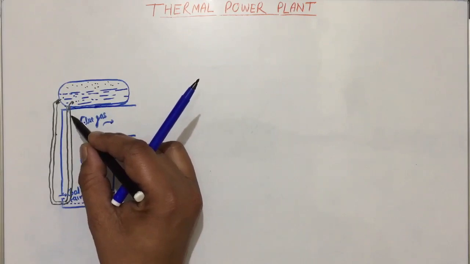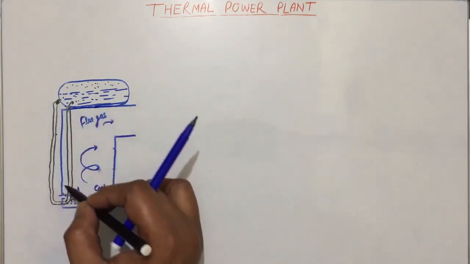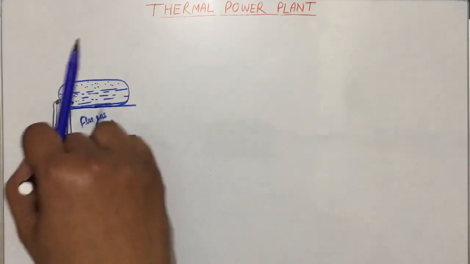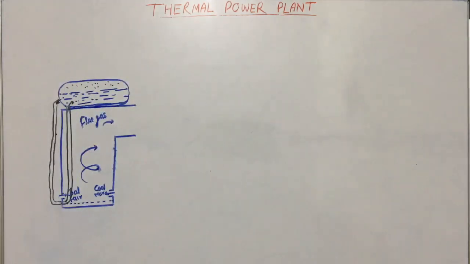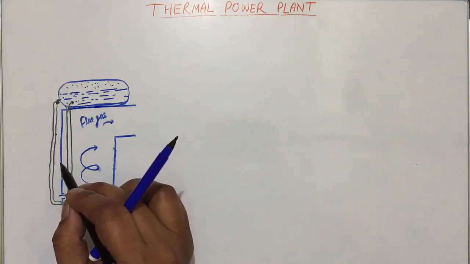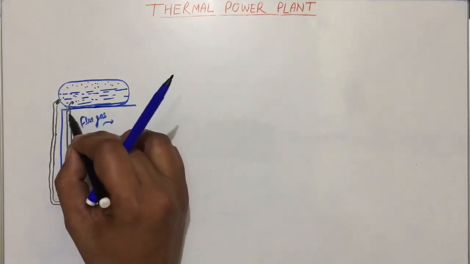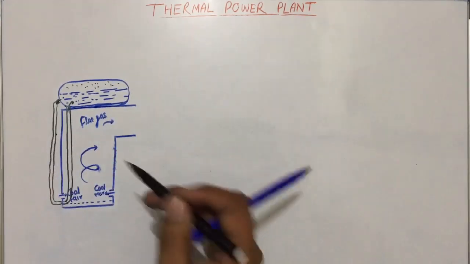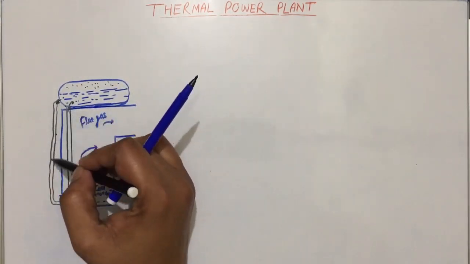This is one tube. There are a number of tubes arranged throughout the walls of the combustion chamber, and they are arranged in such a way that the heat loss through the walls is minimized. They are also named water walls. I have shown only one tube.